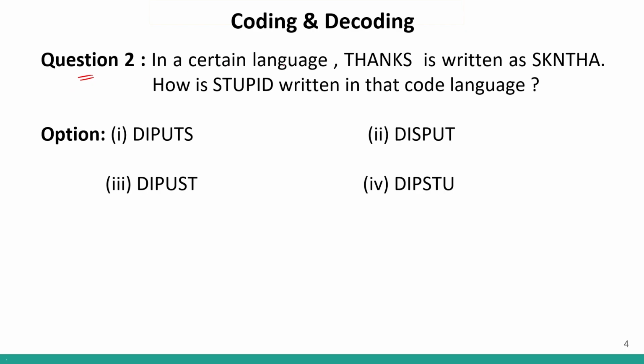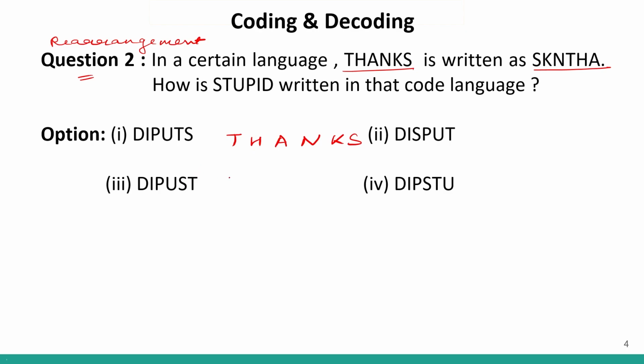Question number 2, in a certain language, thanks is written as SKNTHA. How is stupid written in that code language? Now I can see similar letters, correct? I can see thanks and this word has similar letters. So I am assuming that this is also a case of rearrangement. So I will write them one below the other.